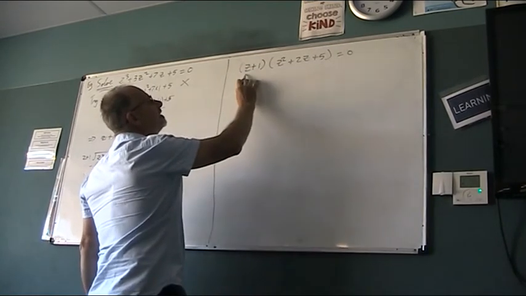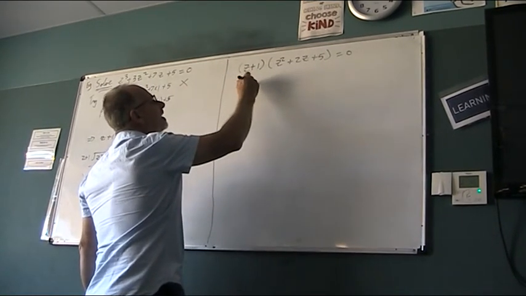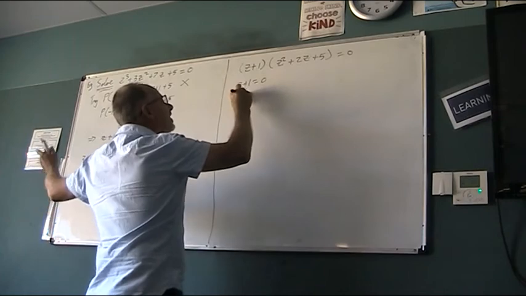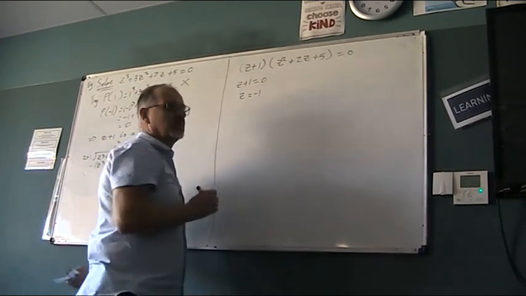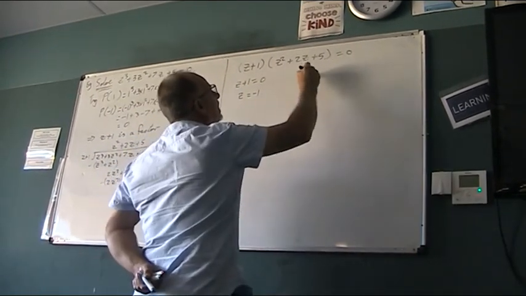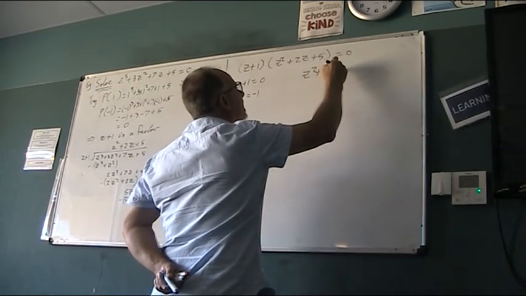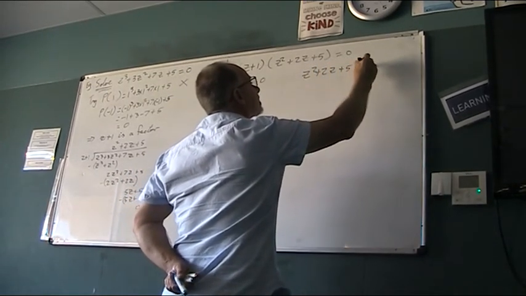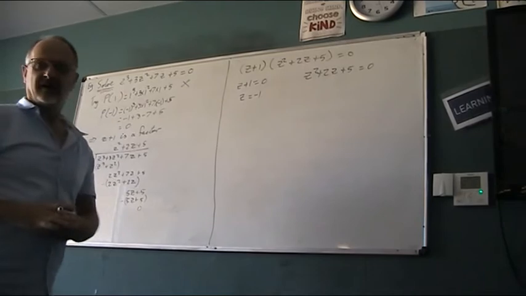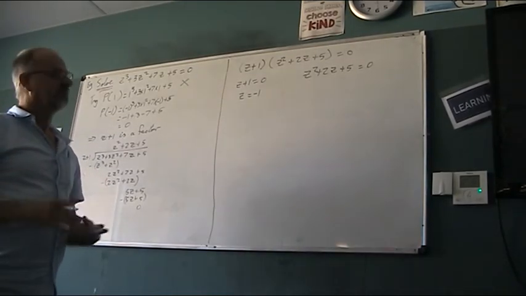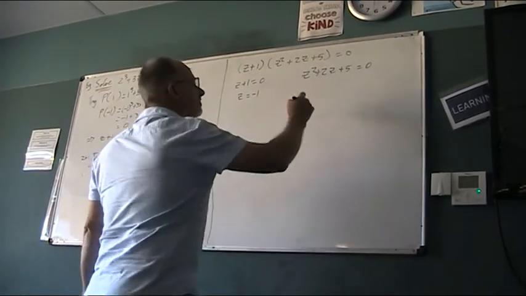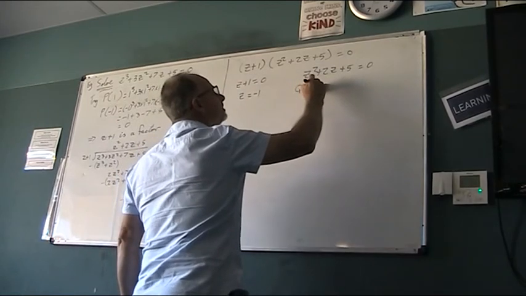Because we know from this one, z plus 1 is equal to 0, and we already found that z equals minus 1. And the other one here is z squared plus 2z plus 5 equals 0. Because we're not asked to factorise it, we've got the quadratic formula available, haven't we?